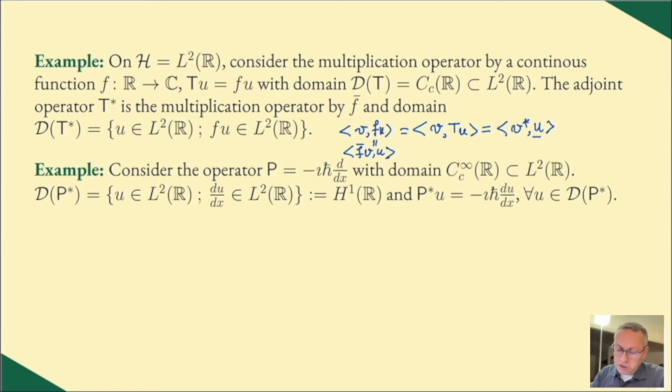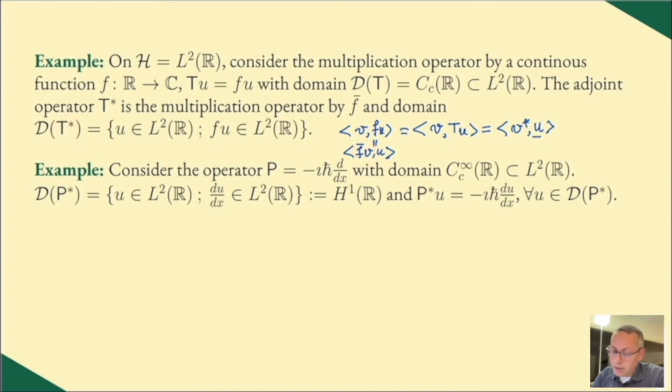But you see here, this is the scalar product for the Hilbert space structure. So this element here, f complex conjugate times v, should be in L2, right? And so I should put this condition, and it's precisely this one here. And so if v is in the domain of the adjoint, then this is in L2.